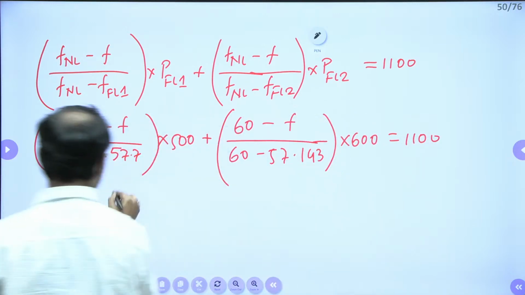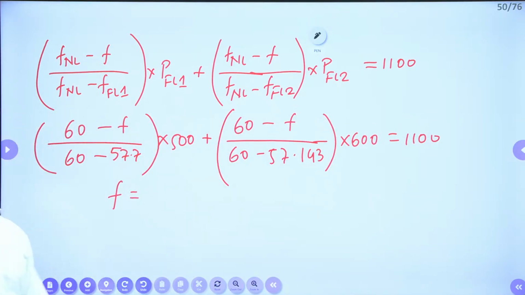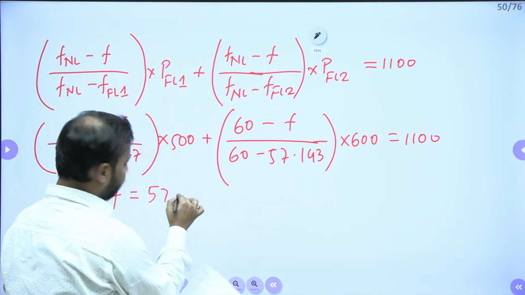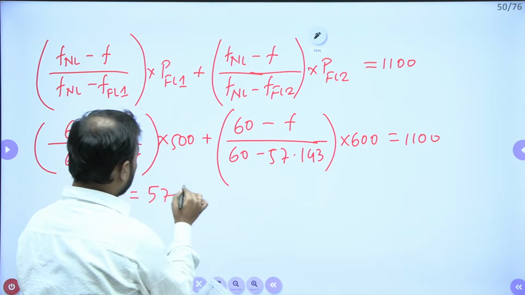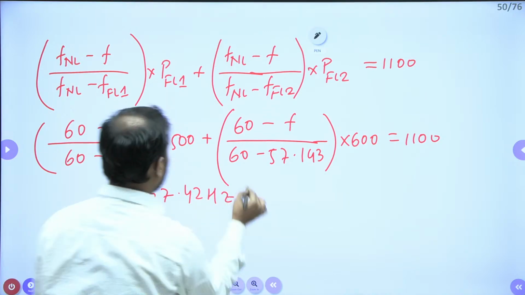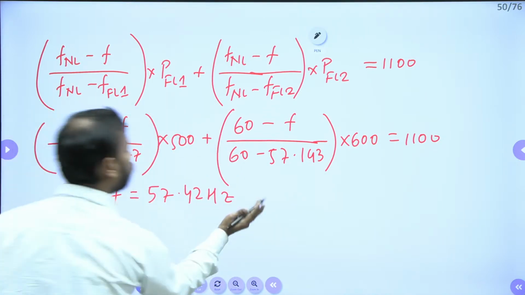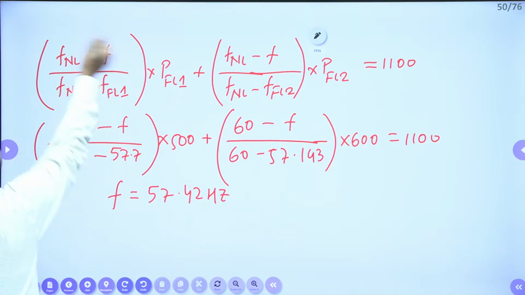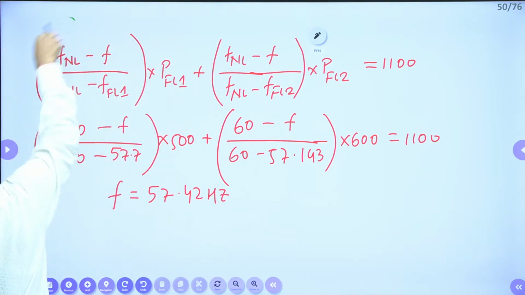We have one unknown here. So from here F equals 57.42 Hertz. You will get 57.42 Hertz. All right. So this is the P1 equation, na? This part.